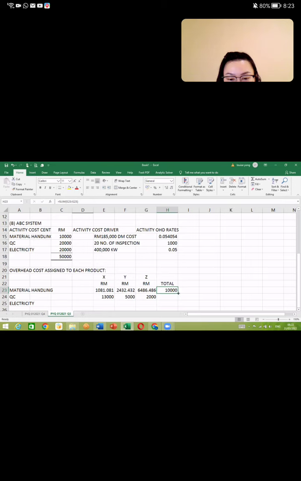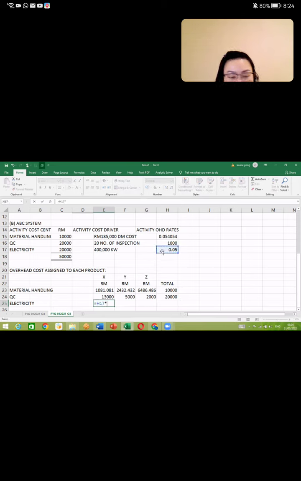After that you total up and double check. The total QC overhead is 20,000. All allocated, and adding up it is also 20 thousand.